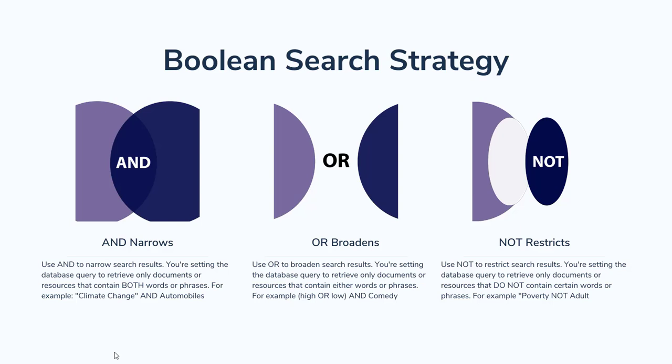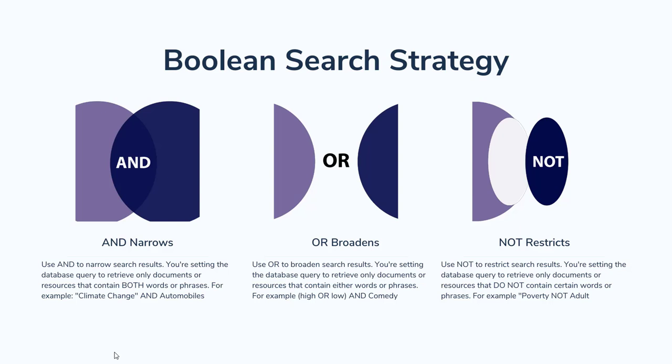One way to focus research results is to use Boolean operators when searching in the database. Boolean operators are simple words used as conjunctions to combine or exclude keywords in a search, providing more productive results. AND narrows search results by setting the database to retrieve sources that contain both words and phrases, like climate change and automobiles.